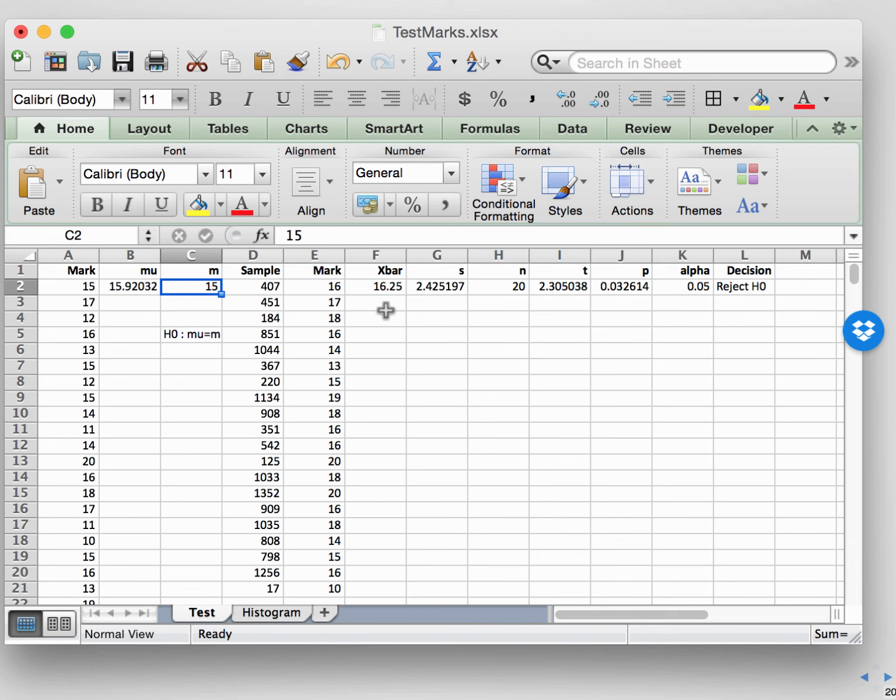So it's kind of hard with only 20 observations for the x bar to be systematically saying that, oh yeah, that's different from 15. Let's be careful here. So the x bar is different from 15.